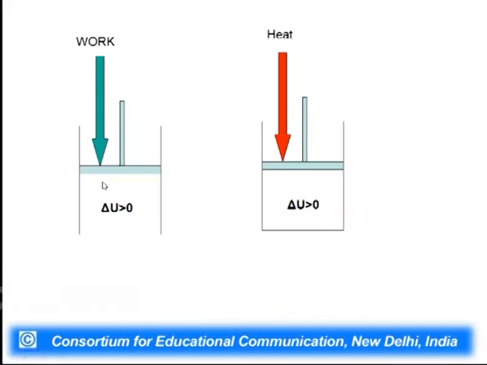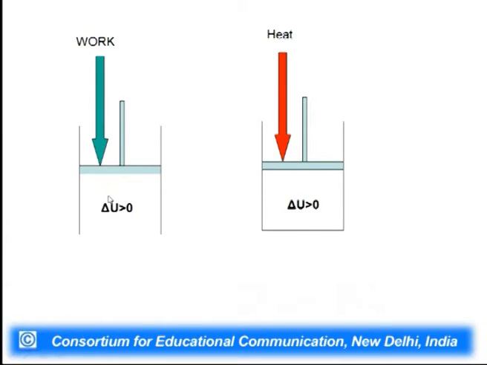Now, how to determine the sign of work or heat? The basic principle is that anything which increases the internal energy of the system will be given a positive sign, and anything which decreases the internal energy of the system will be given a negative sign. Suppose work is done on the system.